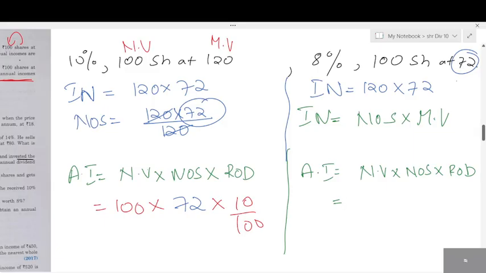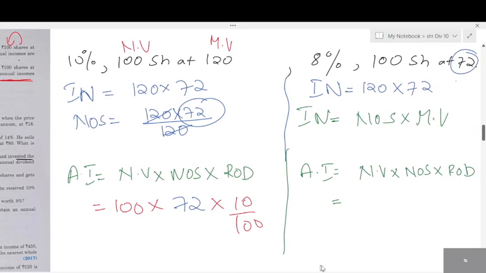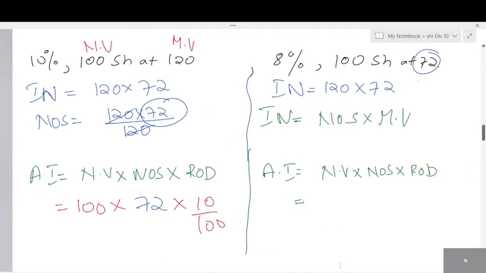This is the 16th question. Complete it. See, for each and every question, you have to write nominal value, rate of dividend, all those things. Write it neatly.